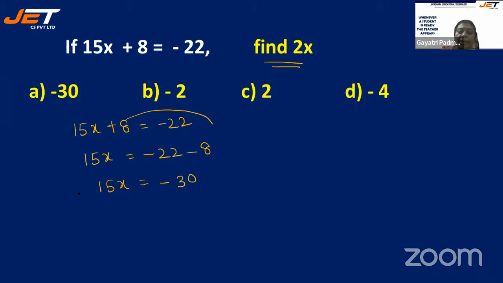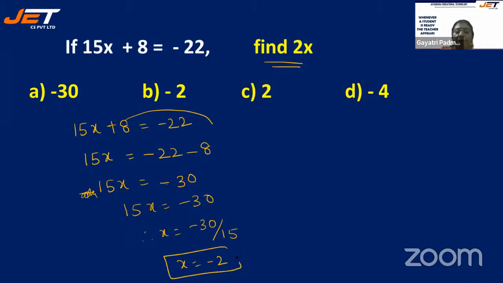Supposing you have minus here, you can cancel this and this minus. But here you don't have minus. So forget about this. So 15x is equal to minus 30. Therefore, x is equal to minus 30 by 15. So 15 2s are 30, isn't it? So it becomes minus 2. All right.